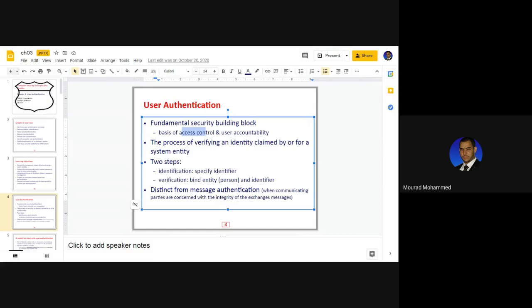There are two steps to do when we authenticate the user versus a system: to present the ID, and to verify that ID.